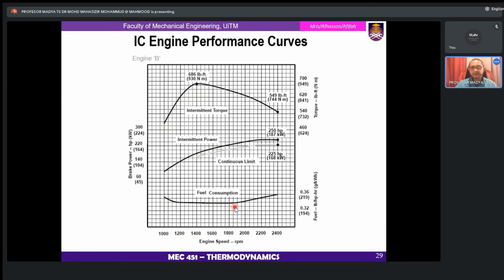So the economic driving is when the RPM is 1400. This is engine speed based on RPM, revolutions per minute of the engine itself.